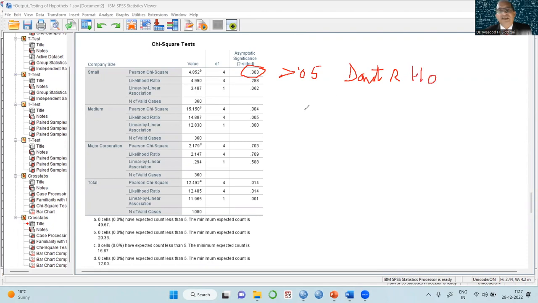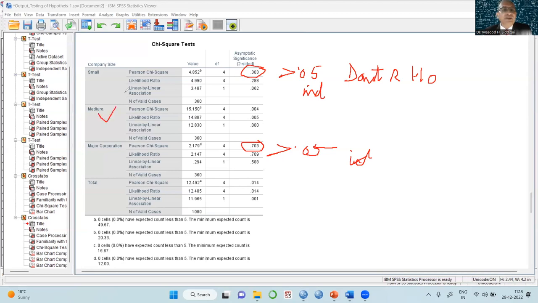Means they are independent for small company executives. In the same way for the major, we look at this p value. The p value is 0.703, which is greater than 0.05. So here also we do not reject H naught, meaning they show independence. So we can say that the relationship between familiarity and willingness does not hold for small and major company executives. They are showing independence.